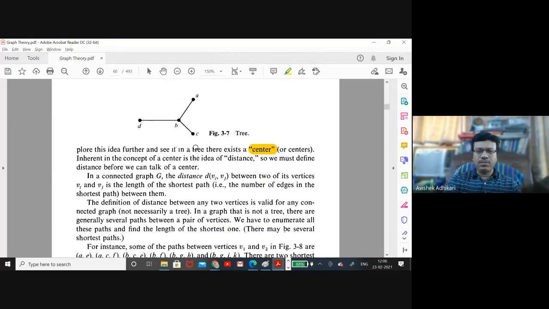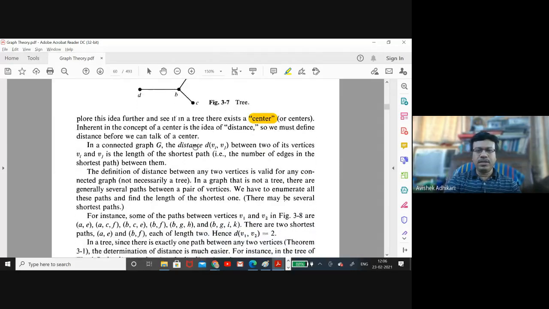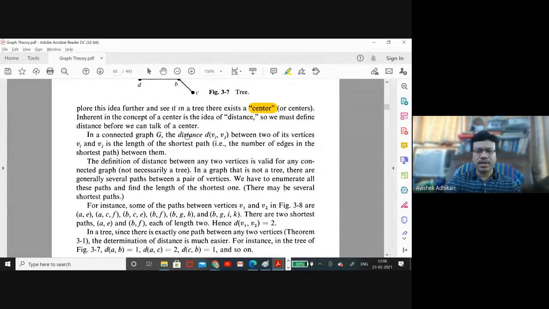Let us try to explore the whole idea. In a connected graph, the distance between two of its vertices Vi and Vj is the length of the shortest path, as I have just mentioned. The definition of distance between any two vertices is valid for any connected graph, not necessarily a tree.